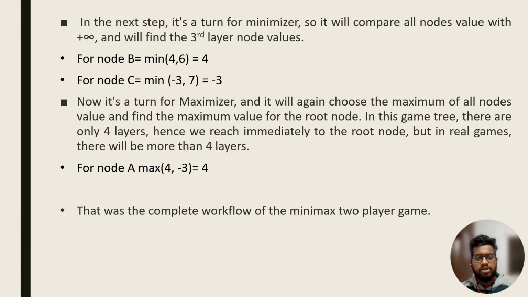For node B, min of 4, 6 is equal to 4, and for node C, minimum of -3, 7, that is -3. After this, it's the turn for the maximizer, and it will again choose the maximum of all node values and find the maximum value for the root node. In this game tree, there are only 4 layers, hence we reach the root node immediately. But in a real game, there will be more than 4 layers, obviously. So for node A, we'll find the maximum of 4 and -3, and hence we'll get 4. That was the complete workflow of the min-max two-player game.